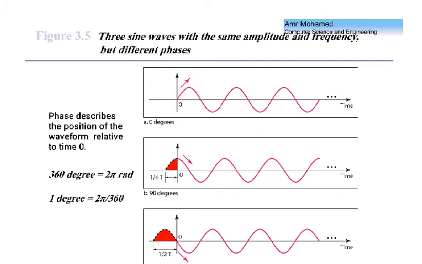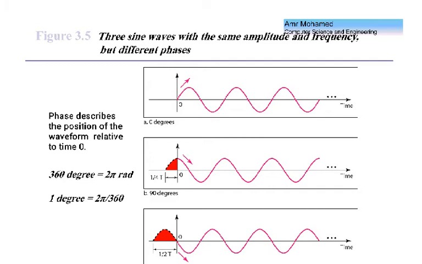So phase describes the position of the waveform relative to the 0 time. This sine wave, for example, is shifted left, or in other words, the zero axis has been shifted right, whatever is easier for you, by 1/4 of a cycle.